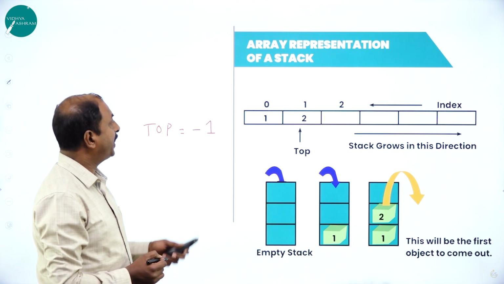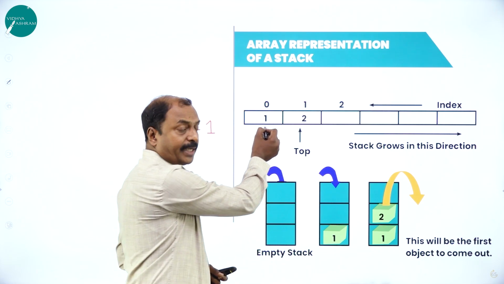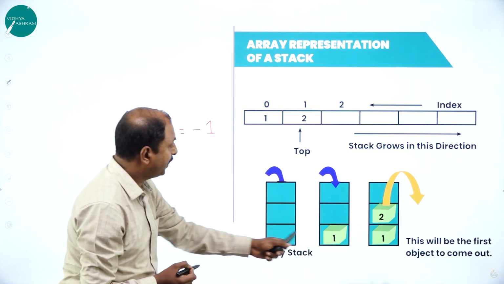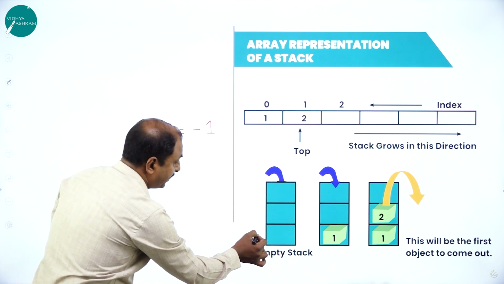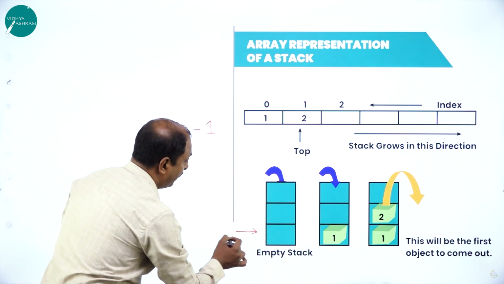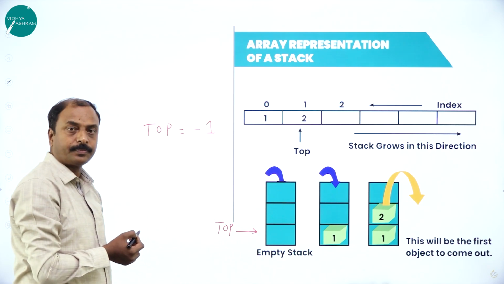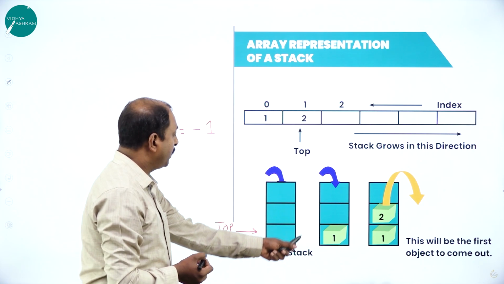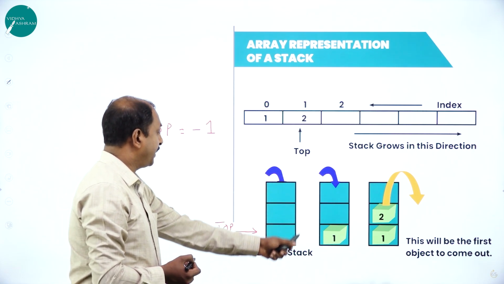So top equals -1. Next, if we want to insert one element, for example, this is an empty stack and this is the place where we have to insert a new element, that is the pointer top. At the beginning, top is -1, it indicates it is an empty stack.